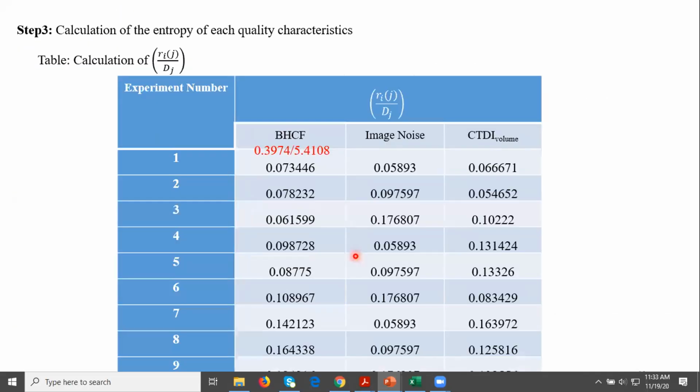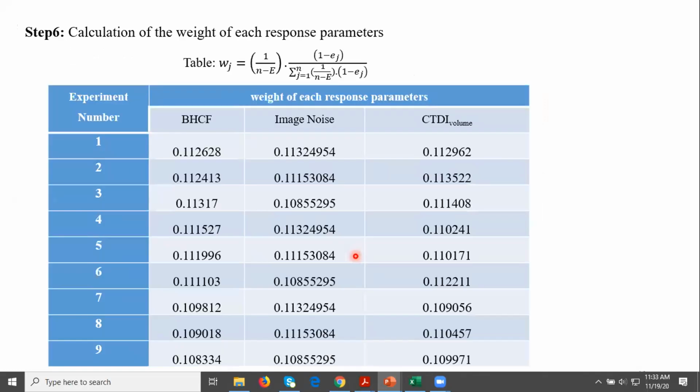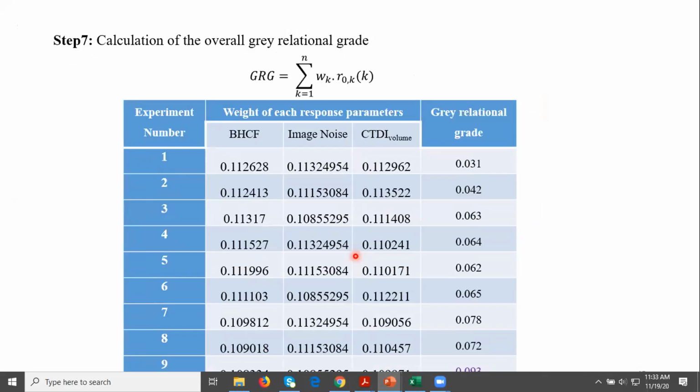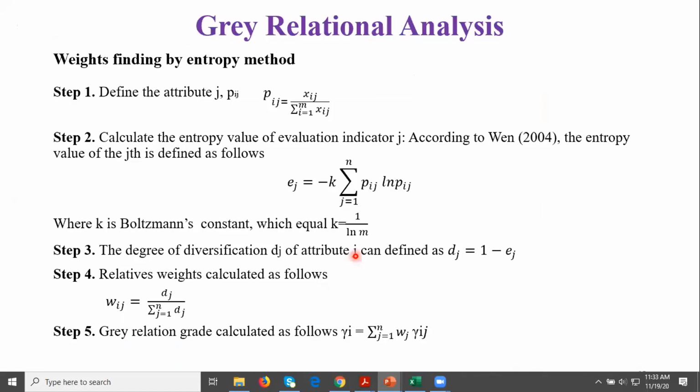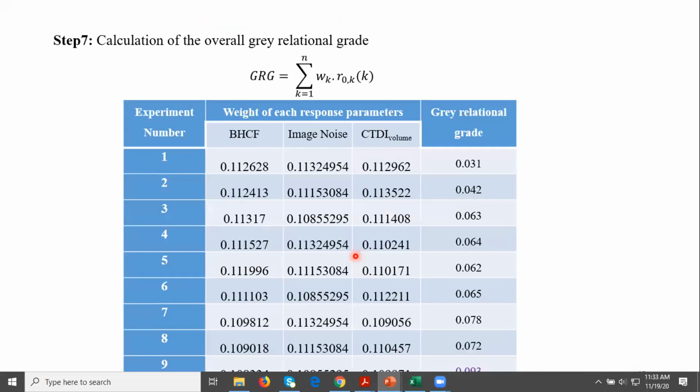Then after they calculate, they get these results. Then they do this summation, and they get this summation value for each experiment.